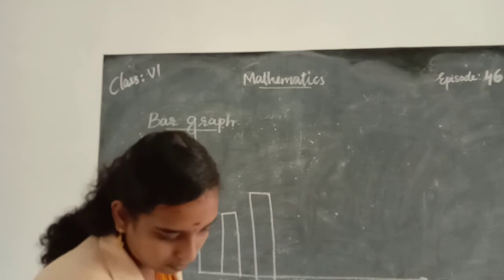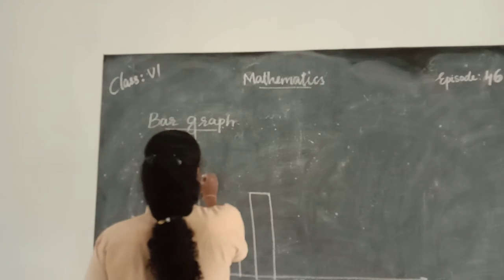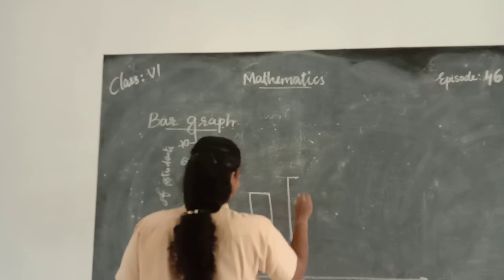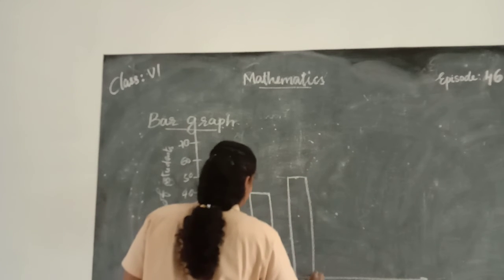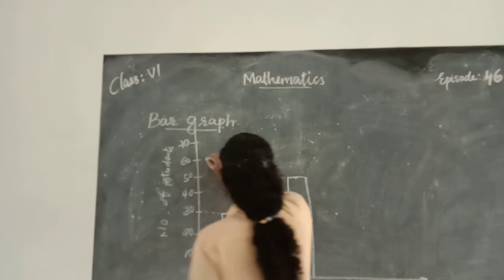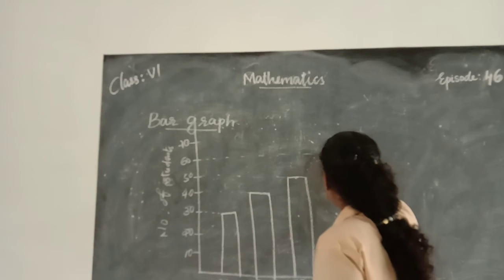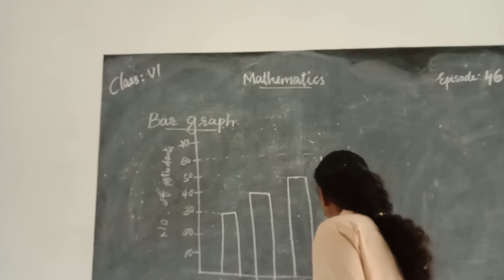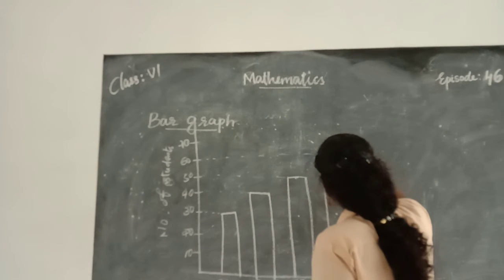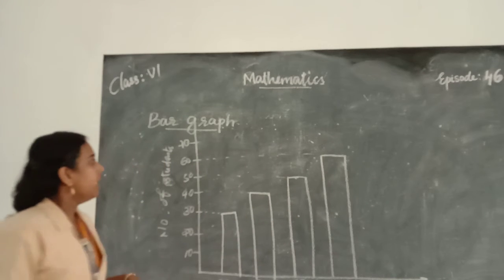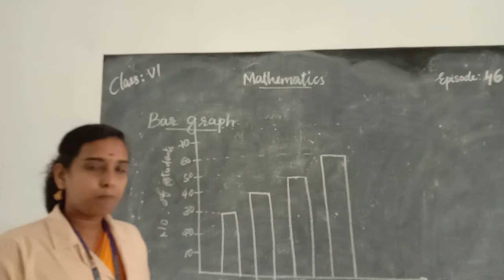And the next one is 50, and 50 is here, so draw 50. And here 60. 60 is here. In this way, you can draw the bar graph.